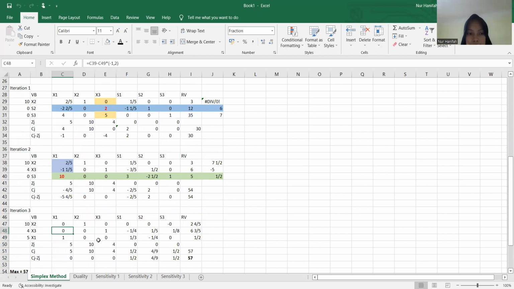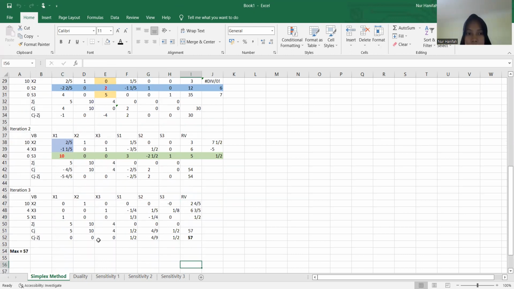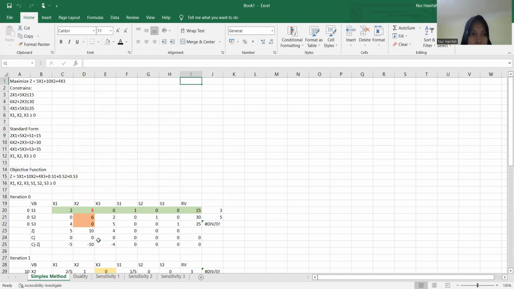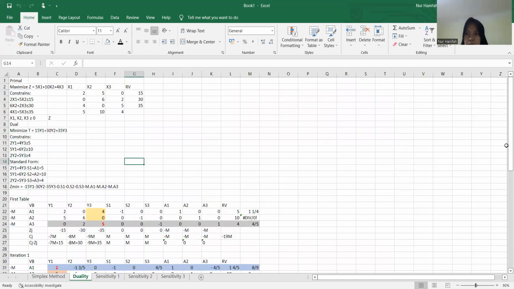Because there is no negative value in this last iteration, we get the maximum value of this problem, which is equal to 57. Yes, the maximum value of z is equal to 57. So that is the simplex method.